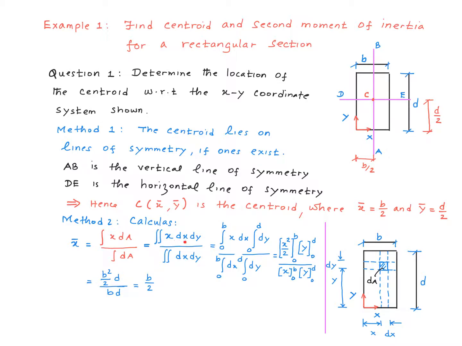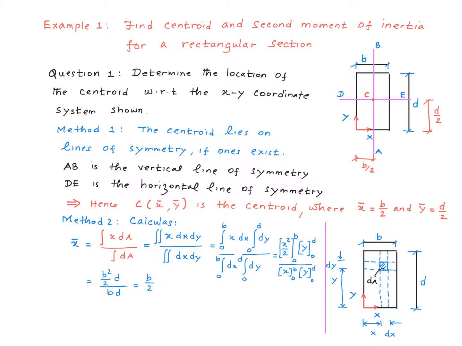So since the variables are uncoupled, we can separate the integration into integration involving x and integration involving y as two separate terms. And similarly in the denominator, dA is simply dx times dy, which also can be separated like this. Each of these integrations can be performed independently, and that's what I have done over here.